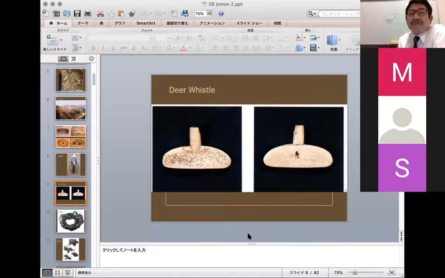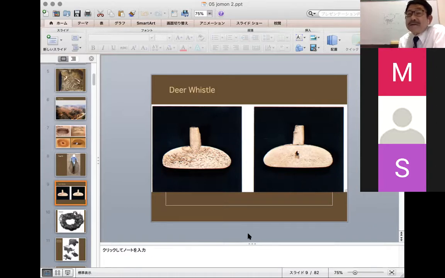Well, you can hear it, but it's a very high tone that resembles the voice of the deer. In the mating season, the male deer would cry out to call the female deer, and you imitate the voice with this whistle. So the female deer will come to you.